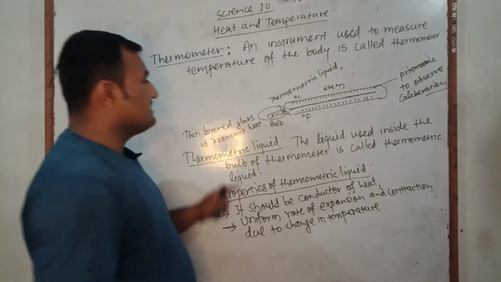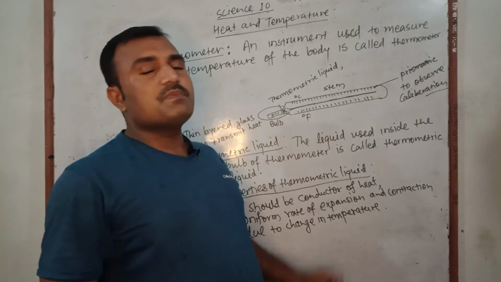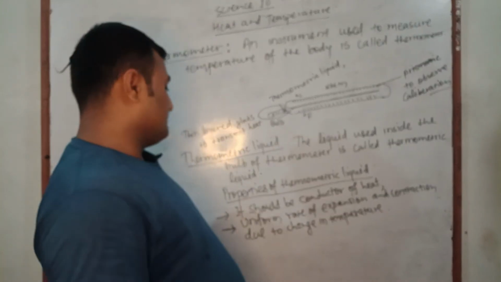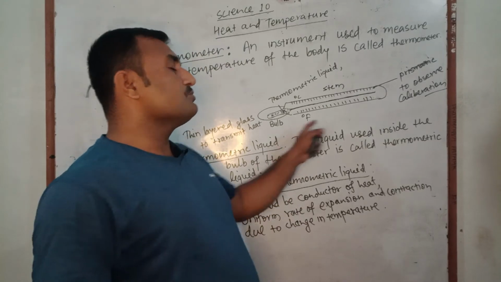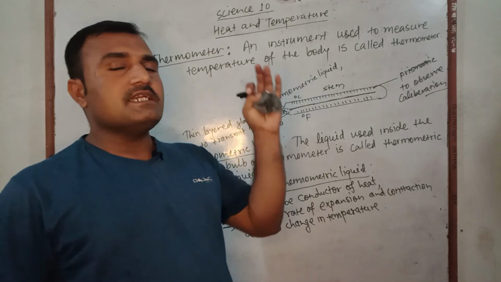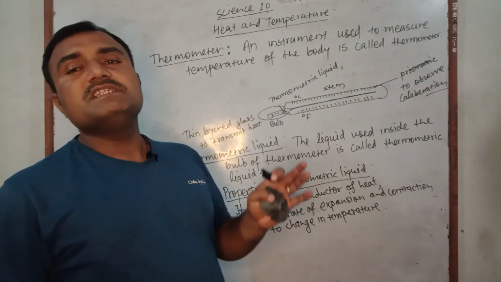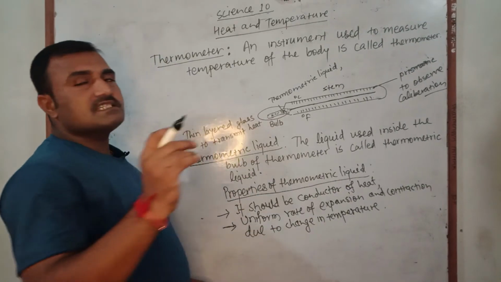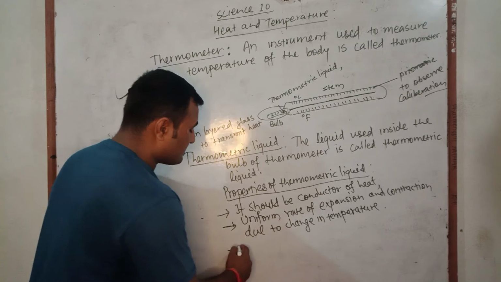When we give heat energy to the bulb of the thermometer, the liquid present inside it should conduct heat energy. Its volume should increase with an increase of temperature and decrease with a decrease of temperature, that is, it should be highly sensitive to heat, with a uniform rate of expansion and contraction.